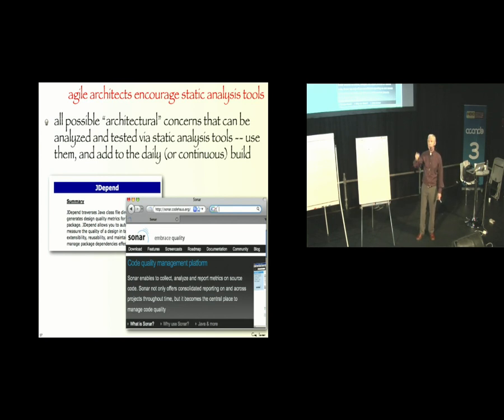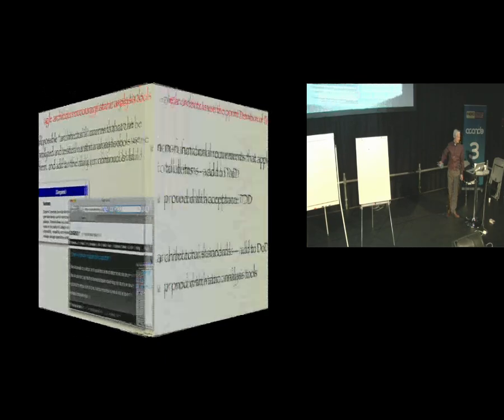I will cause the build to fail in how I set up the scripts if, for example, Sonar's analysis indicates that some threshold has been crossed. And then that will help you not let the code and system drift.